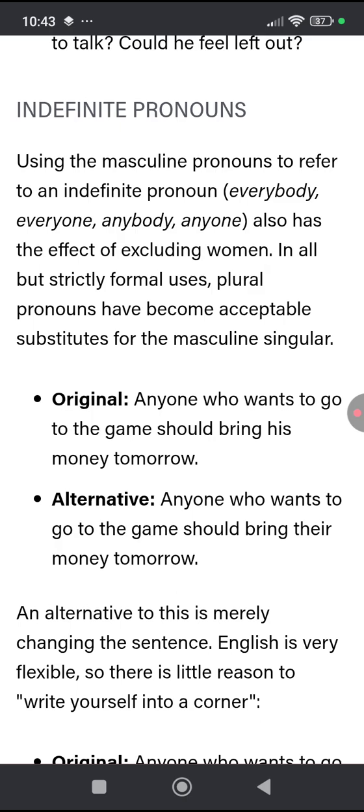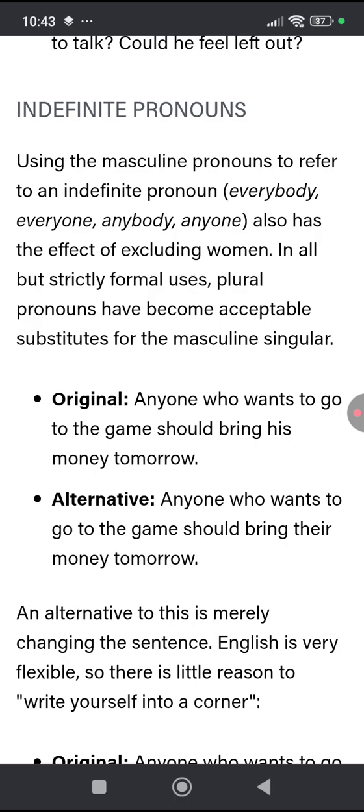Next, indefinite pronouns. Using the masculine pronouns to refer to an indefinite pronoun, everybody, everyone, anybody, anyone, also has the effect of excluding women. So, what are indefinite pronouns? Indefinite pronouns refer to one in a group. So, if we have a group of 10 students, the teacher can say, has anyone done their assignment? Here anyone refers to one in the group, but it does not refer to anyone definitely, so it's an indefinite pronoun.